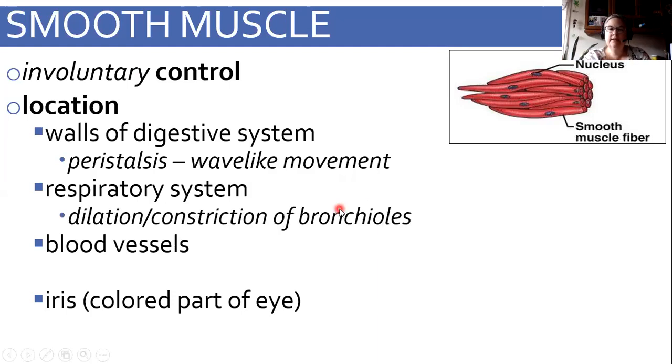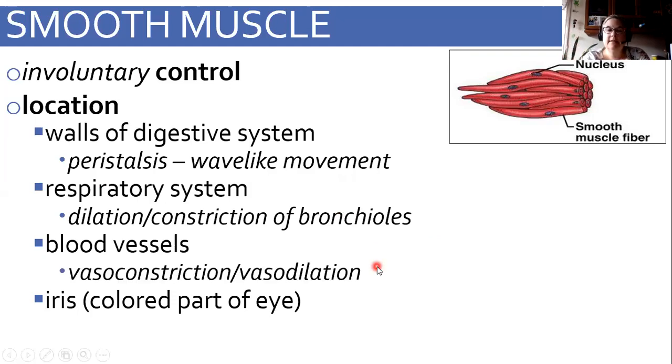In our respiratory system, it allows for our bronchioles, which are teeny tiny tubings, that allow the air to get through to the little balls, the alveoli, where gas exchange happens, and they can dilate or constrict. So when we're in fight or flight, right, they're going to dilate to allow more air, therefore oxygen, through. Our blood vessels, we can have vasoconstriction or vasodilation. That's because of smooth muscle. We can't control that muscle.